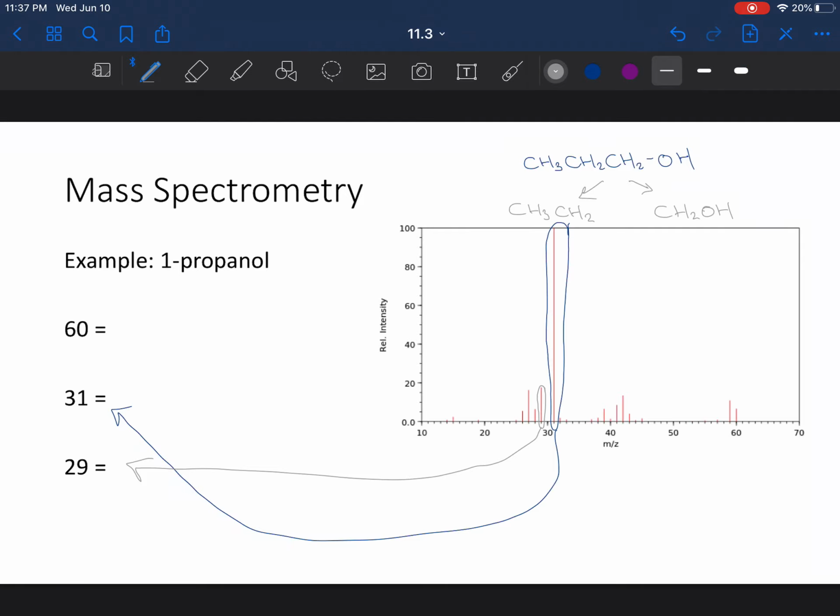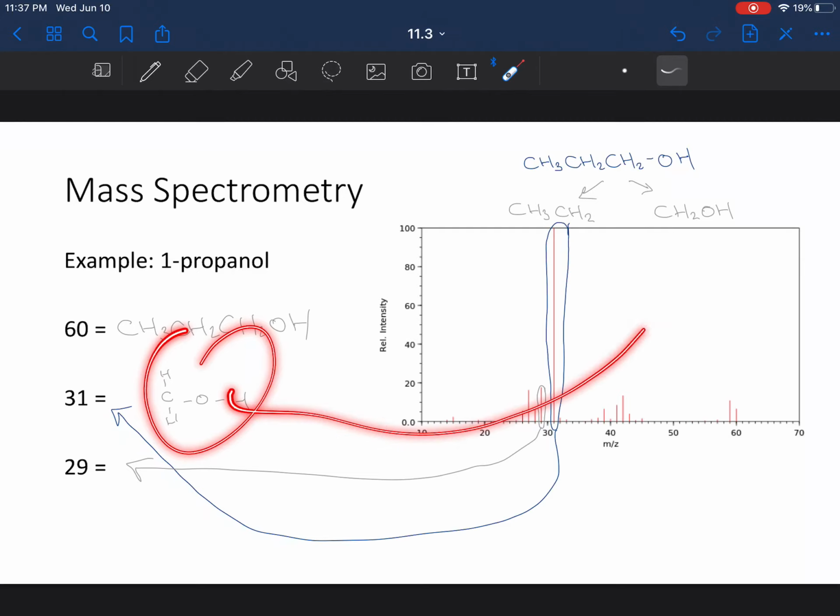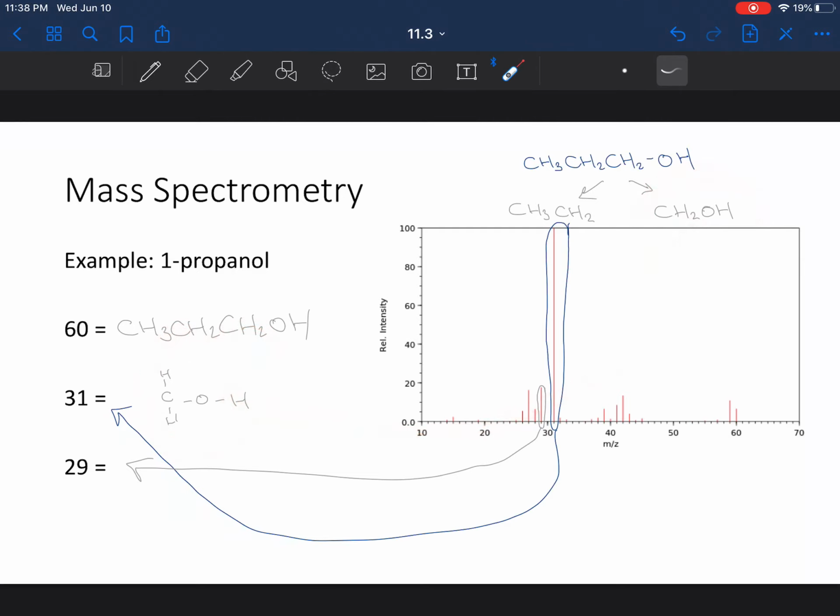Now, we all know what 60 is. Okay, 60 is based on the whole thing. But what is that 31? Well, this 31 is pretty obviously, if there's such a word, this. This is this.